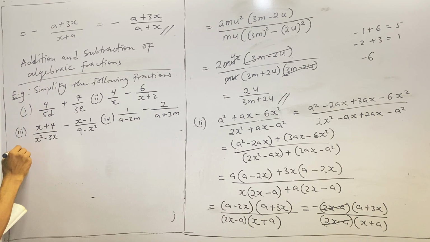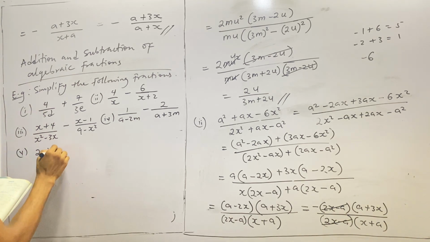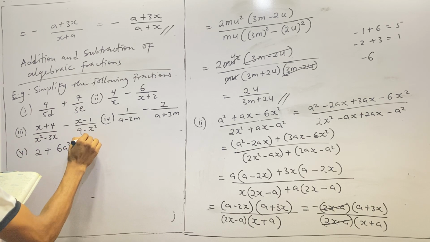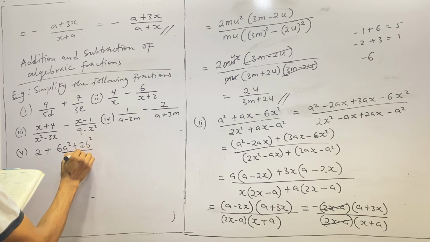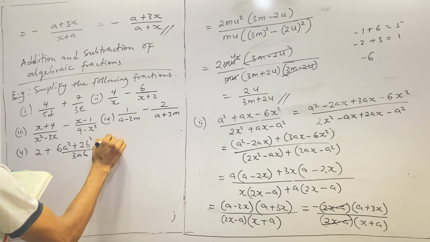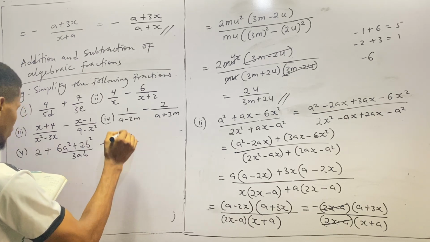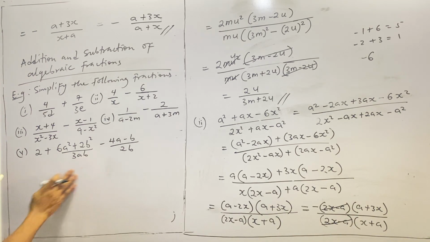Okay, we have V, we have 2 plus 6a square plus 2b square over 3ab minus 4a minus b over 2b. All right. Right, so let's make it 6.